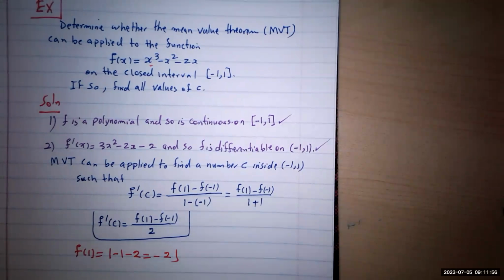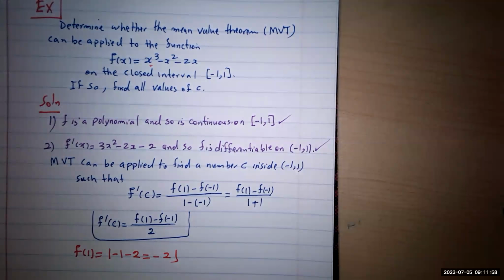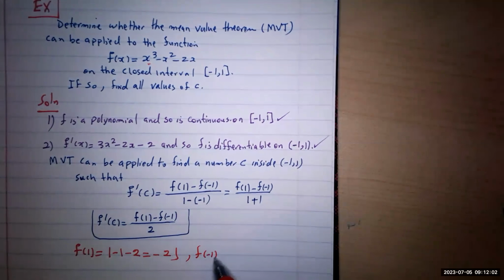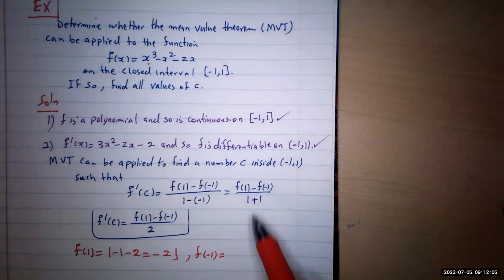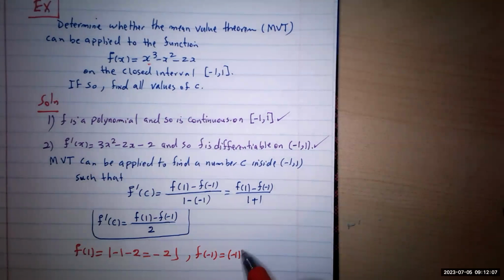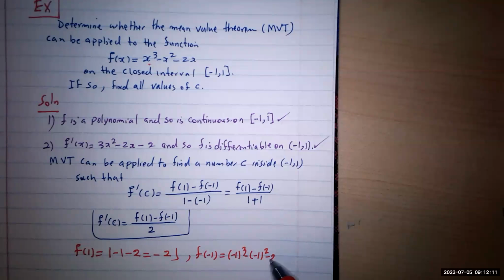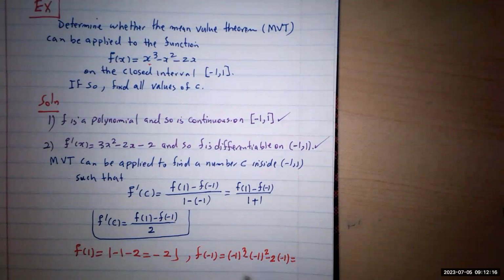That's f of 1. f of -1: go to the function. -1 cubed minus -1 squared minus 2 times -1 equal to -1 cubed would be -1, -1 squared would be +1, that gives you -1, and then 2 plus 2.